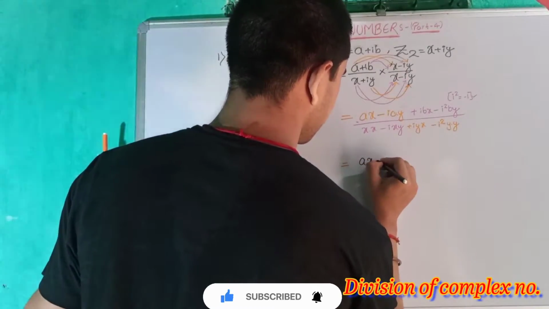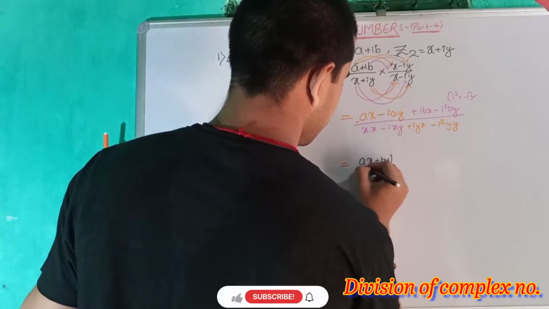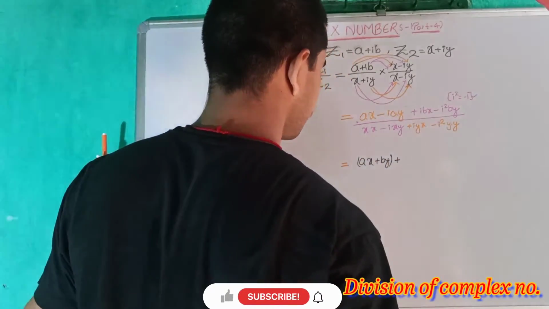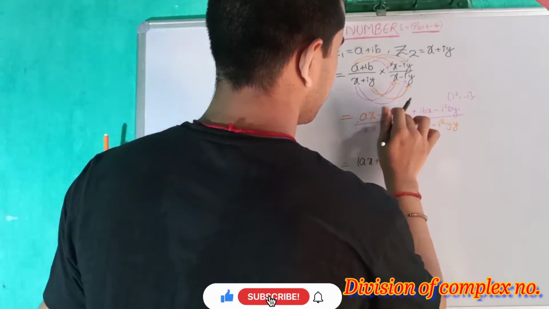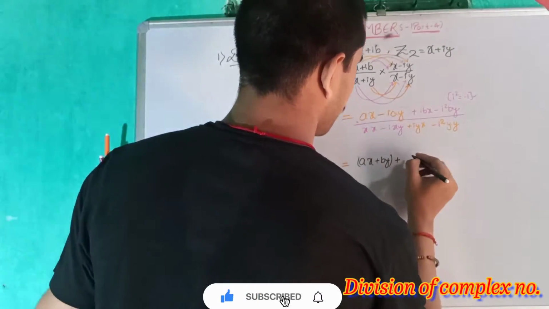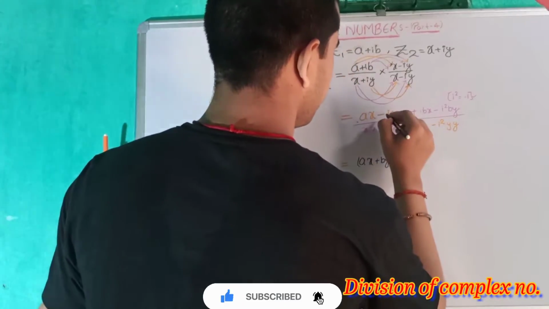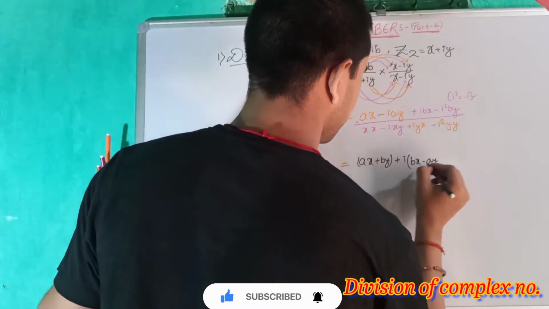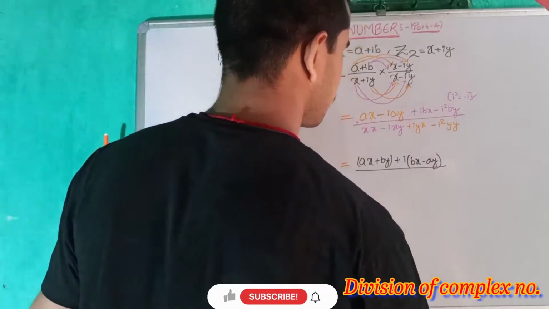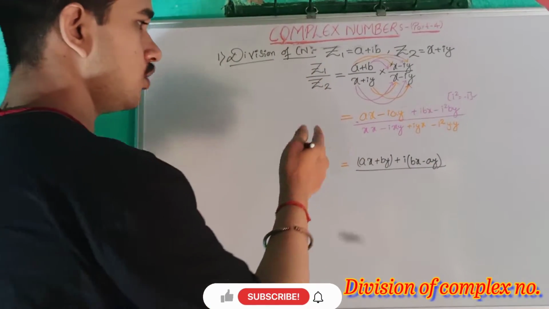So ax plus by, this will be the real part of obtained complex number, and the imaginary part will be, taking iota common from both of them, if we take iota common outside the bracket, then we will be getting bx minus ay. That will be the second part, that is imaginary part of numerator part.